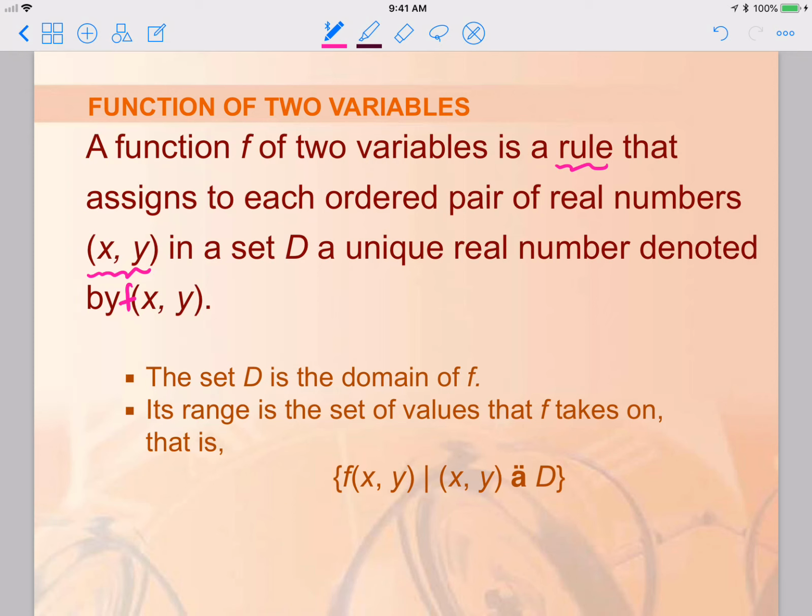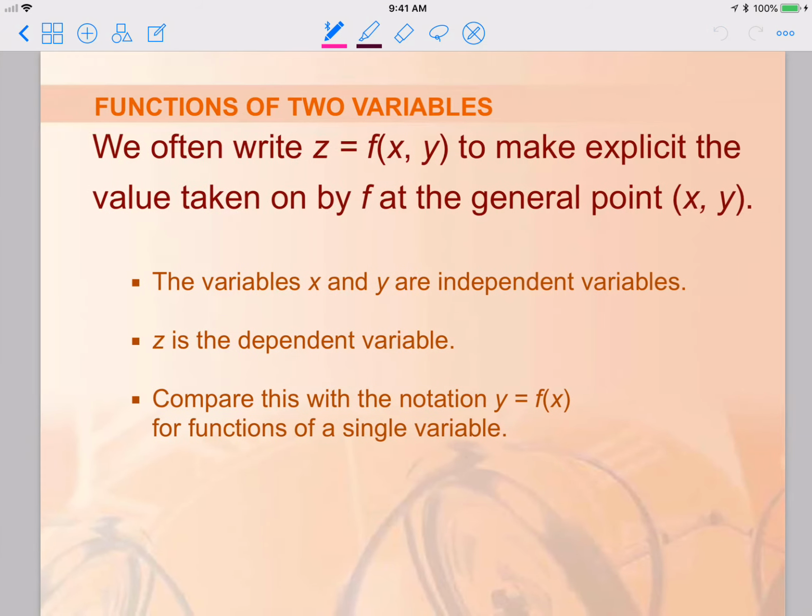Okay, so just as with our functions of one variable, our function will have a domain, and the range of our function is going to be the set of values that f takes on. And this should be (x, y) belongs to domain D. So D is the domain. So basically the domain is the set of all possible inputs, and the range is the set of all possible outputs of your function.